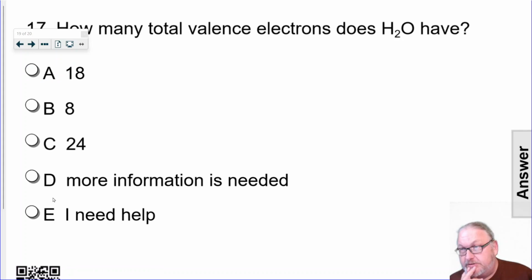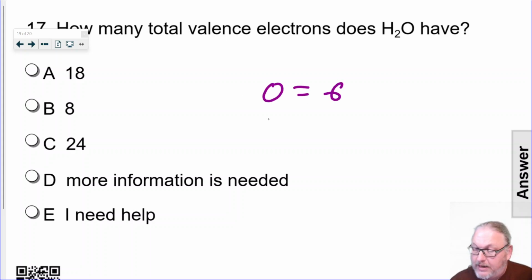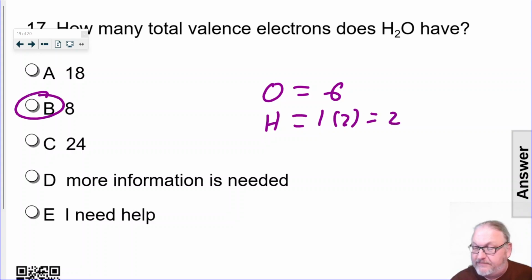How many total valence electrons does H2O have? Oxygen has 6. Hydrogen has 1, and I've got 2 of those. So that's 2, so it's going to have 8 valence electrons. 6 plus 2 equals 8.